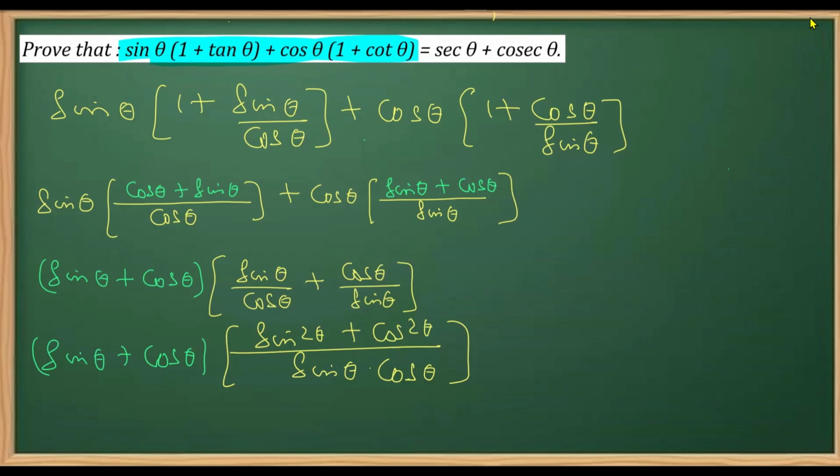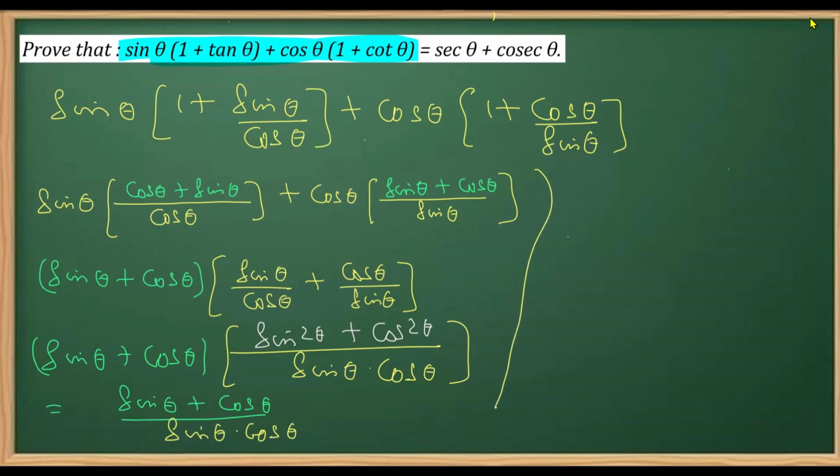As you know, sine square theta plus cos square theta is 1. So we are getting 1 for this. One more time, sine square plus cos square theta is 1. So replacing this with 1, we are left with sine theta plus cos theta, divided by sine theta into cos theta.